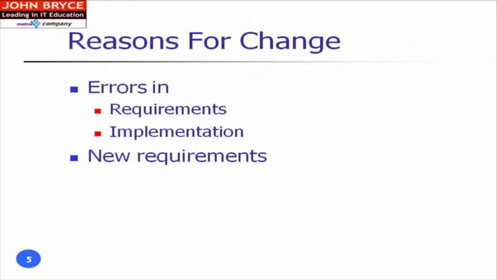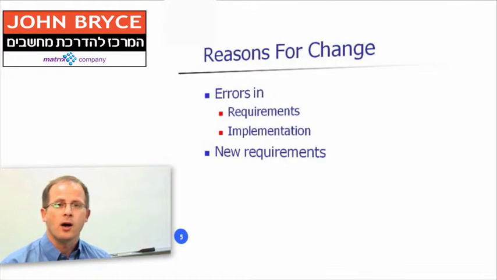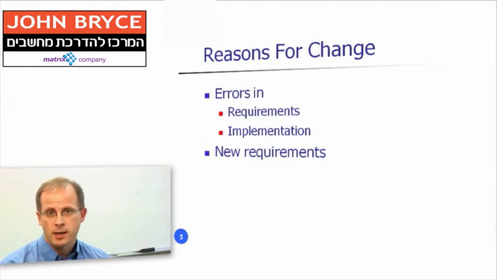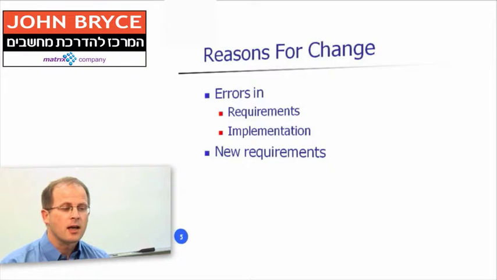There are many reasons for change. To mention just a few of these, there may be errors in the original requirements. It's not always a problem of the programmer. Often there are incorrect requirements or a misunderstanding with the customer when the requirements were analyzed. And of course, there are also errors in implementation, what we call bugs.